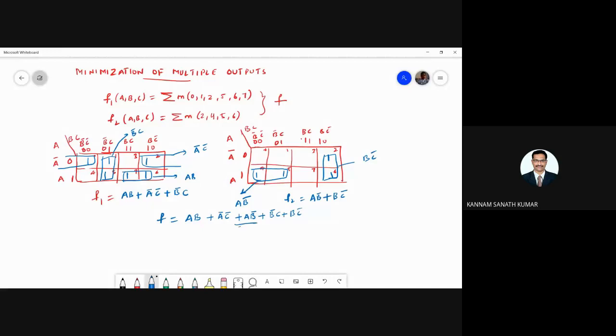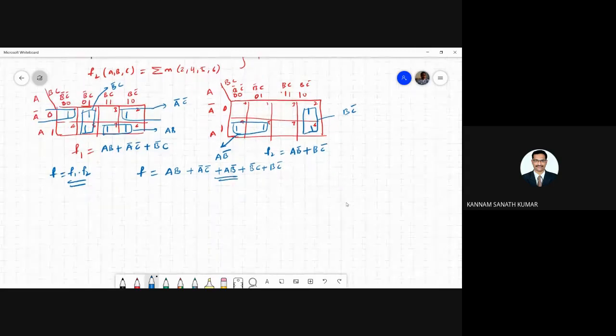So this is nothing but the function F. Normally F equals F1 into F2, multiplication. That means whatever is common you have to write, and here there is no common, so you should write all the terms.